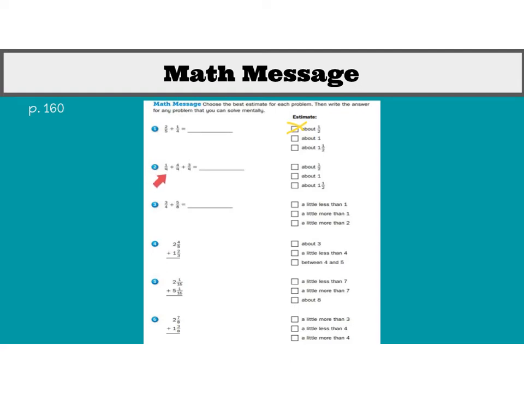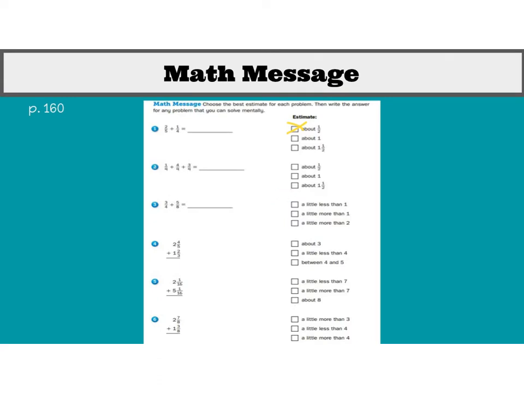So we have 1/9 plus 4/9 plus 3/9. So notice these 3 fractions all have the same denominator. So looking first at our estimate choices, is it about 1/2, about 1, or about 1 1/2?